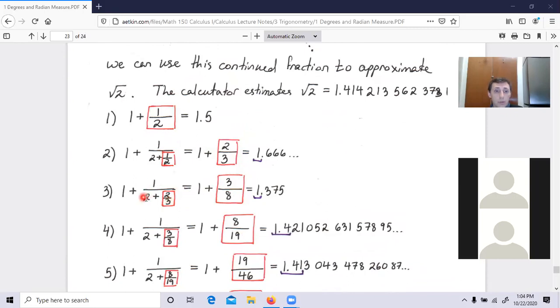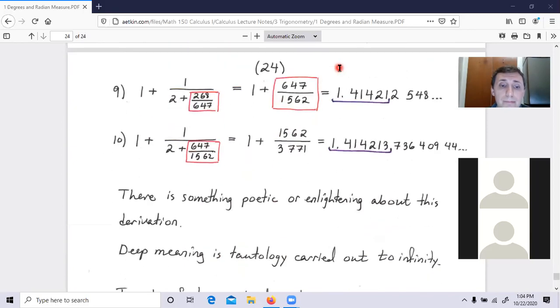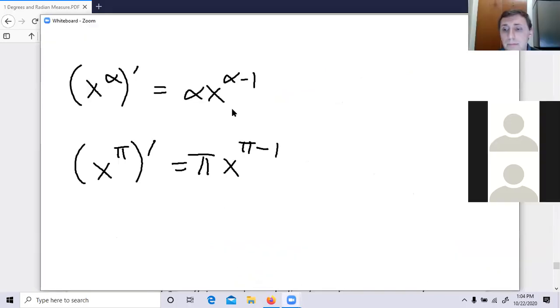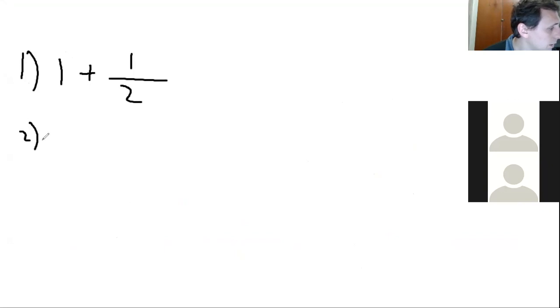Basically what you do is you take 1 over 2 plus, here is what happens. It's 1 plus 1 over 2, that's first estimate. Second estimate is 1 plus 1 over 2 plus 1/2.